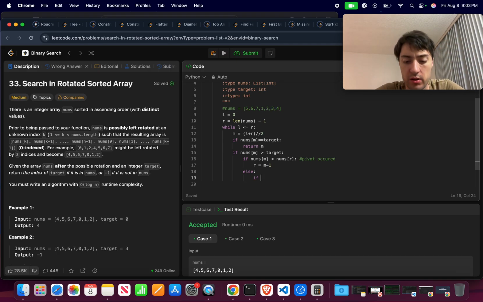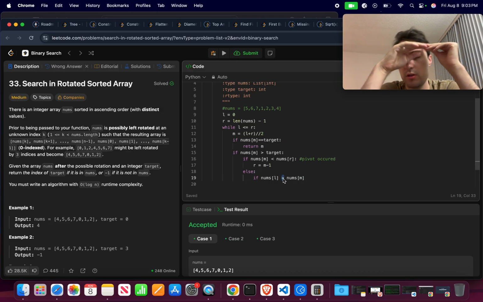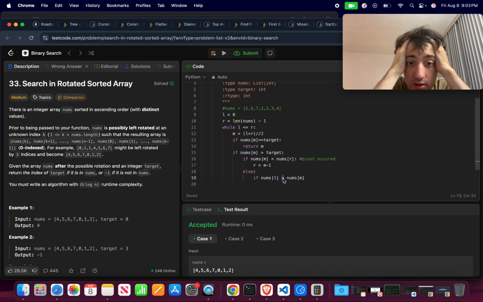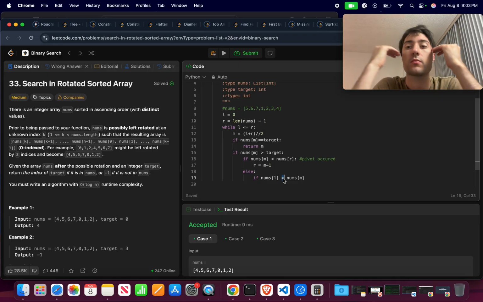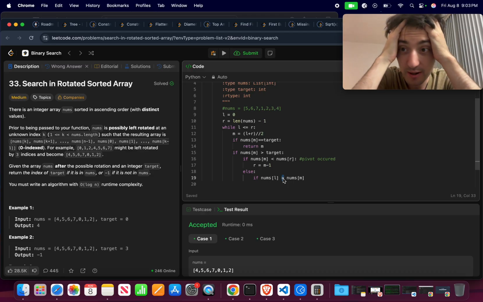So if nums of left is bigger than nums of mid, would this be the case? I keep saying it, but I'm really struggling.